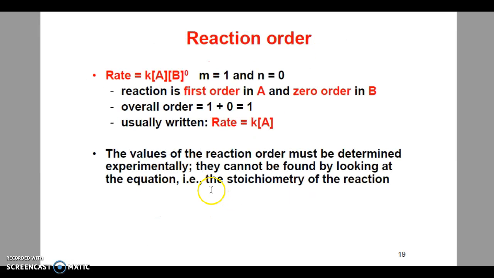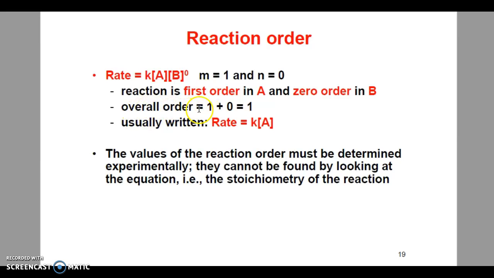Reaction order. If the rate is expressed as k A to the power 1, B to the power 0, then m is equal to 1 and n is equal to 0. Here the reaction will be first order in A, and in terms of B, we can say that it is zero order.